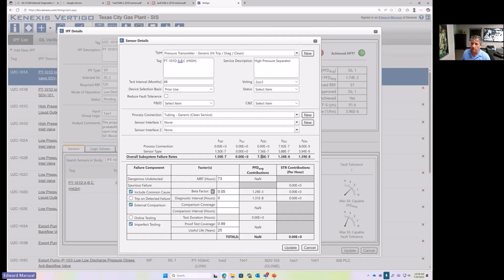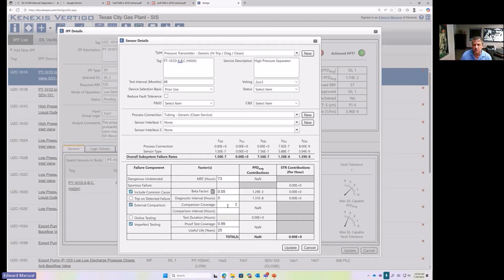Specifically, you need to look at the diagnostic coverage that you're getting internally. If you're internally getting more than 90%, don't even bother wasting your time putting this external comparison here. This external comparison is if your diagnostic coverage internal to your device is significantly less than 90%. If it's 90% or greater, don't even bother using external comparison.